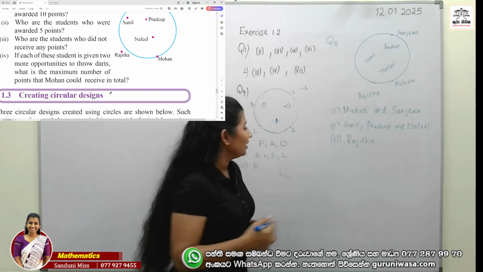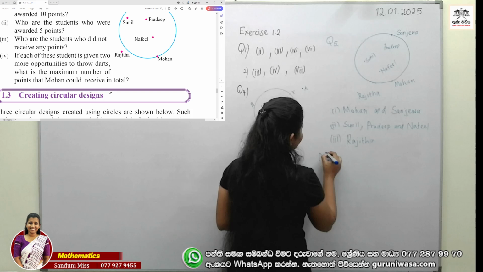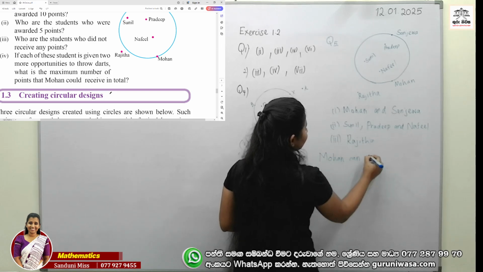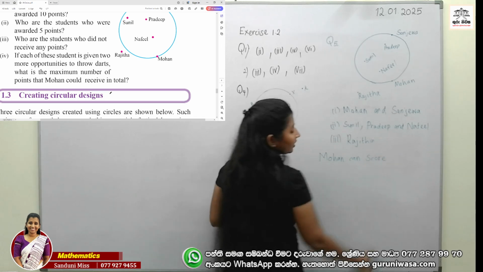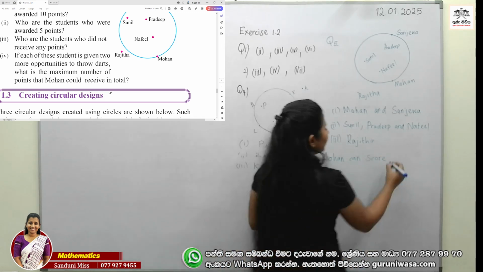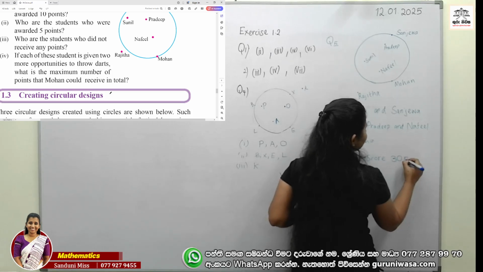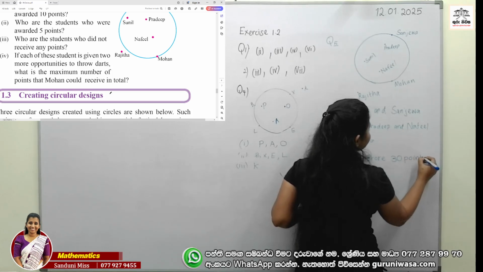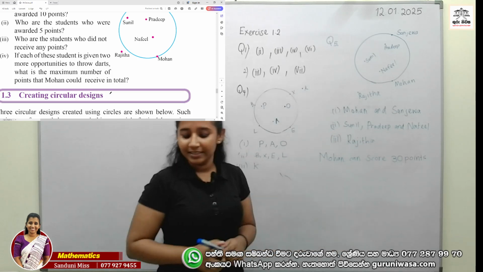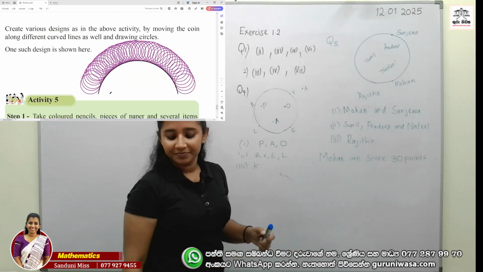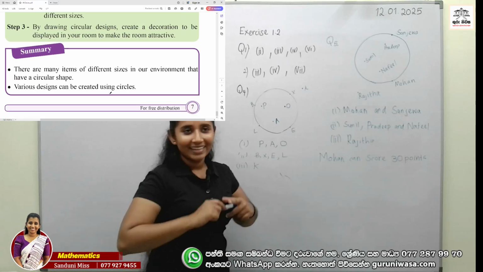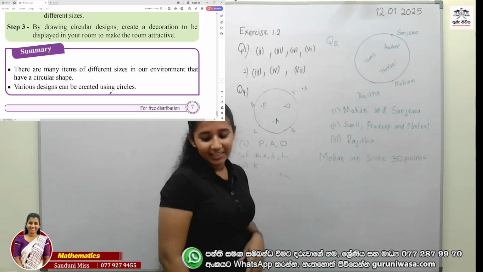So altogether, Mohan can score 30 points. How many points? 30 points, right? Any doubts? No. Right.